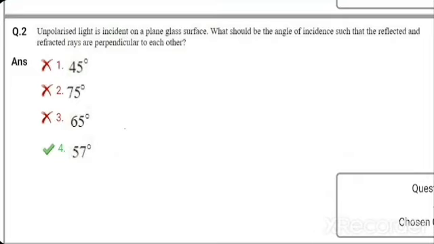Next question is, unpolarized light is incident on a plain glass surface. What should be the angle of incidence such that the reflected and refracted rays are perpendicular to each other?